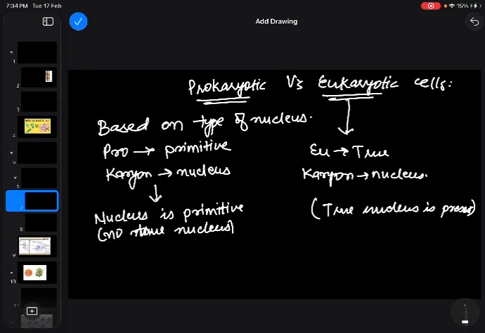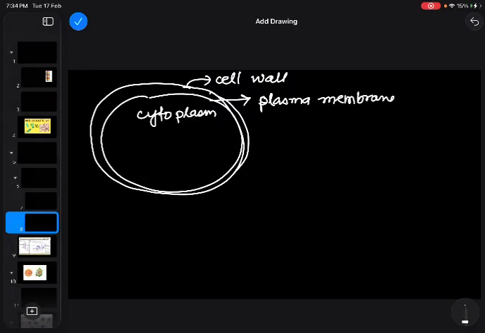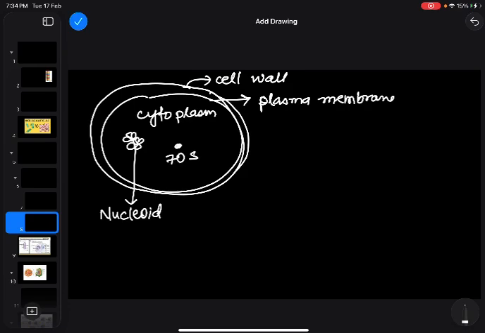When I say true nucleus is not present, it means the DNA is present in the cytoplasm and is not separated from the cytoplasm. So in this case we call it as nucleoid. And ribosome in this case is 70S ribosome. These are the basic structural overview of prokaryotic cell.